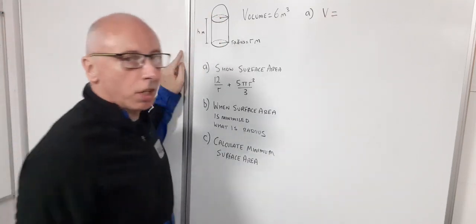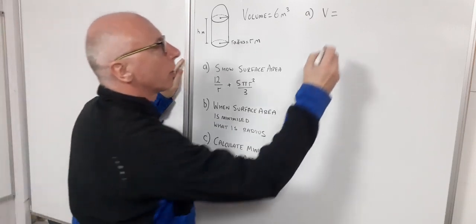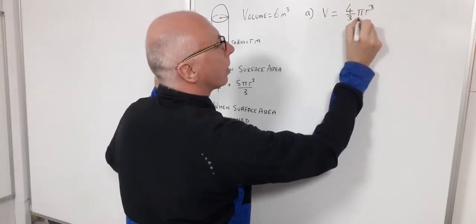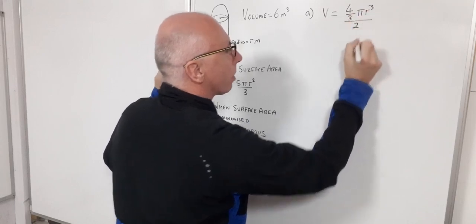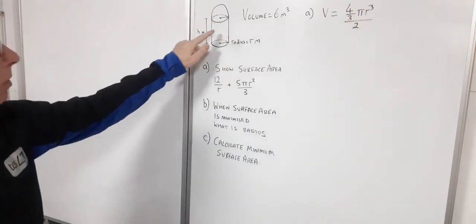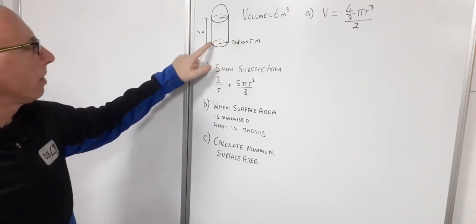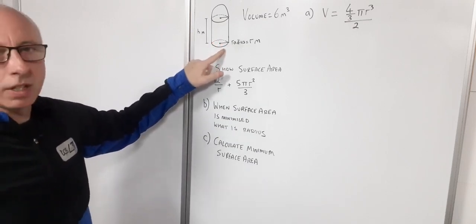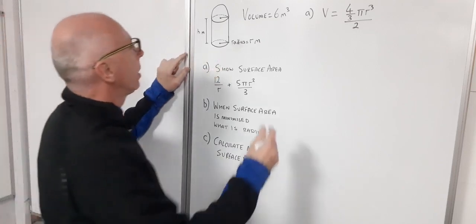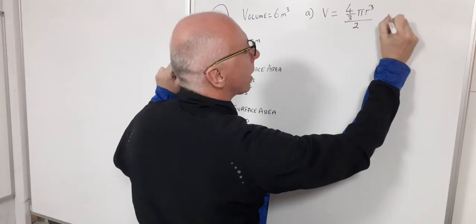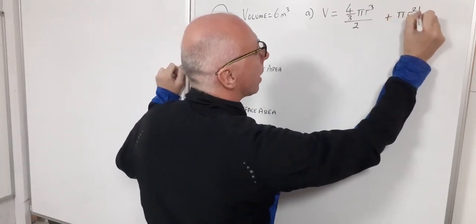So volume of a sphere is 4/3 pi r cubed, but it's only half of it, so we take half of that. And then we've got this cylinder bit here. So the volume of a cylinder is the area of the face here, which is pi r squared, and then we multiply that by the height h. So that's add pi r squared h.